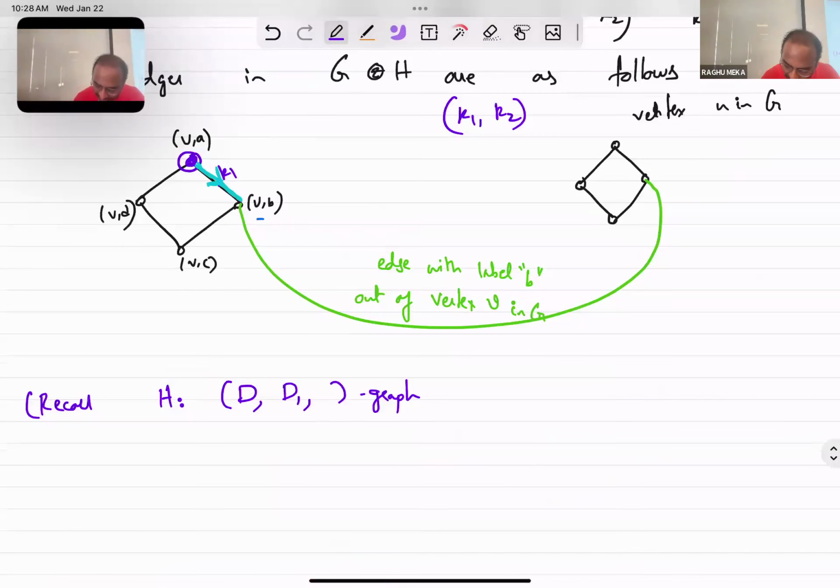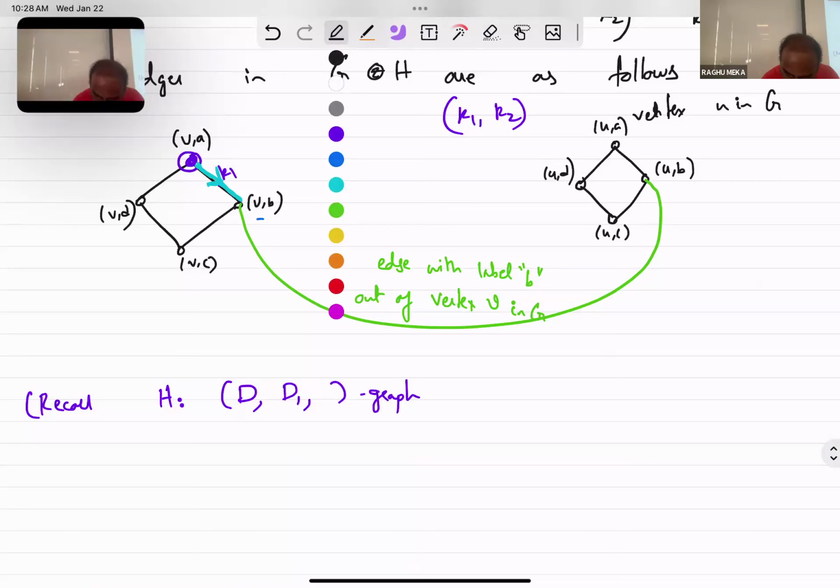Okay, so here you had U comma A, U comma B, U comma C, U comma D, and then you take a within cloud step. Maybe this is what K2 takes you to. After doing the zigzag, the real edge that you add is this guy.